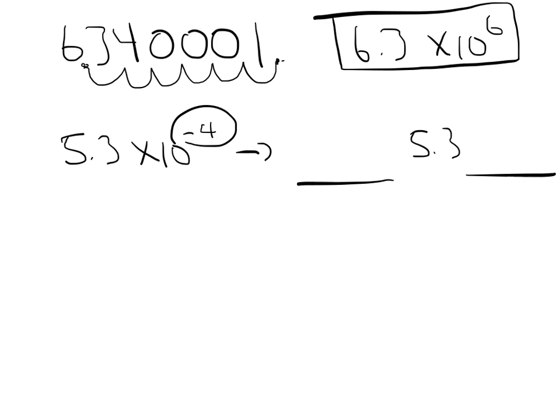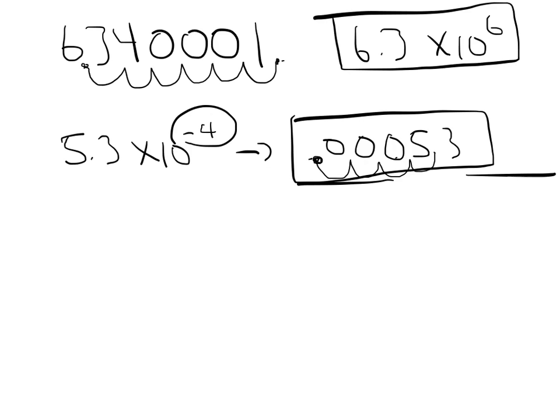It's a negative exponent, and a negative exponent means a small number. So I need to make this a small number, not a big number, so I'm going to move to the left 4 spots. So there was 1, 2, 3, 4. Put the decimal point there. And now in these little holes, I'm just going to put zeros. So 5.3 times 10 to the negative 4 becomes this number, 0.0053.